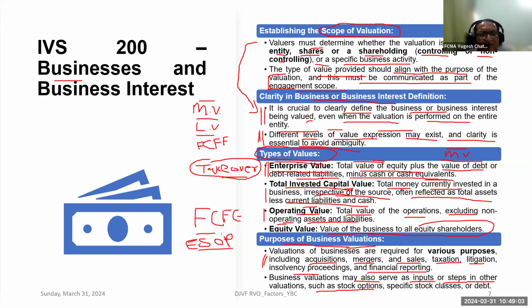There, in order to make valuation of an option, the first thing a valuer needs to arrive at is the value of equity, the value of the underlying. So business valuation may serve as input or step in other valuation like stock option, specific stock class or a debt security. That is about IVS 200.